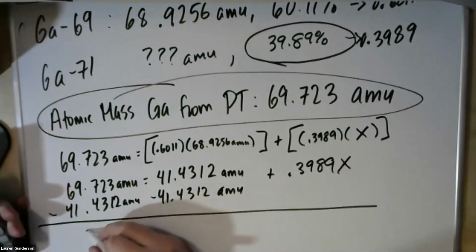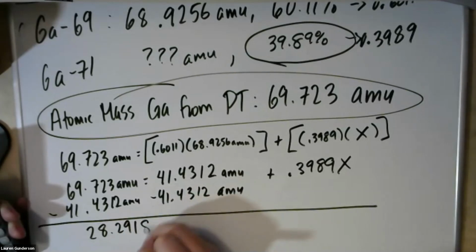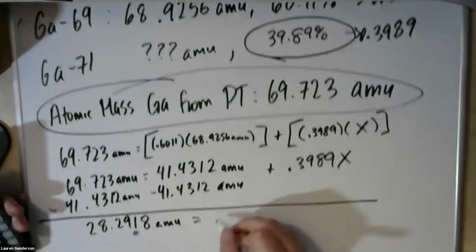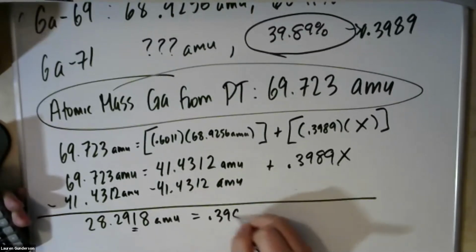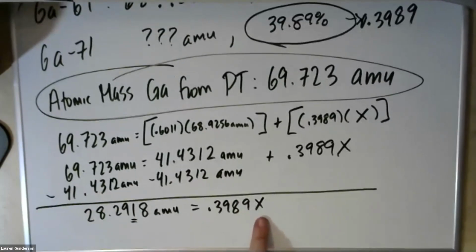And I end up with 28.2918 AMU, that's going to equal 0.3989x. And remember that x value, that's the mass of that gallium 71 that I'm looking for.